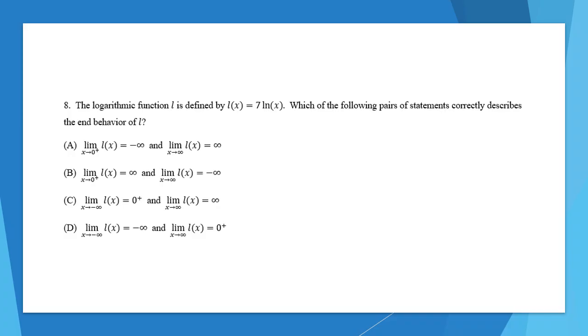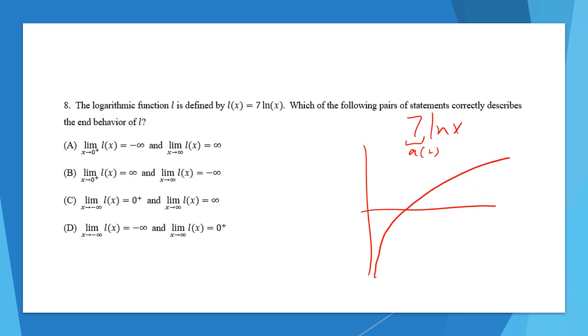Number 8, the logarithmic function is given by L of x equals 7 ln x. Which of the following statements describes the end behavior? When we have 7 ln x, here our a value is positive, so the graph should look like this. Knowing that, as we approach infinity, the limit as x approaches infinity of L of x is going up forever, so this is going to positive infinity. So we can eliminate B and D just from there.